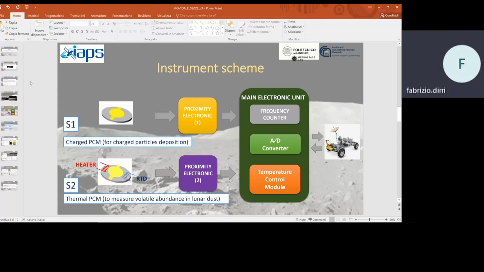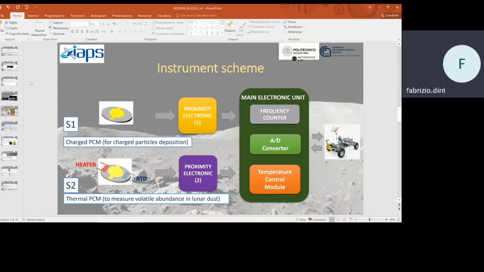The instrument is based on two sensor heads. The first one is the charge QCM, which functions with a capacitor in order to have a local electrical field to attract the particles, and the second one is a thermal QCM, a completely different sensor head, which mainly uses thermogravimetric cycles to characterize the volatiles in dust.